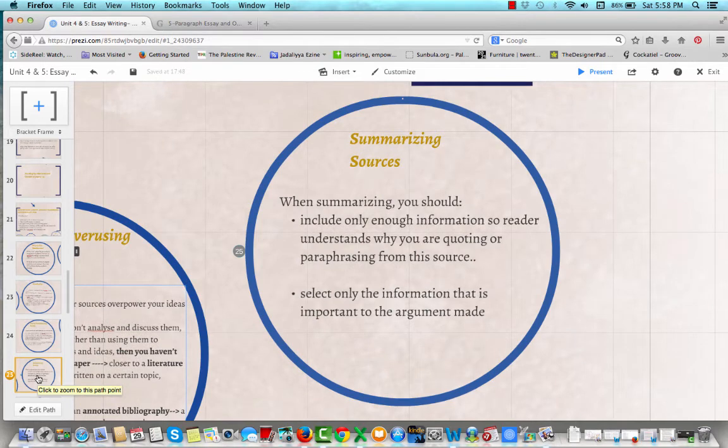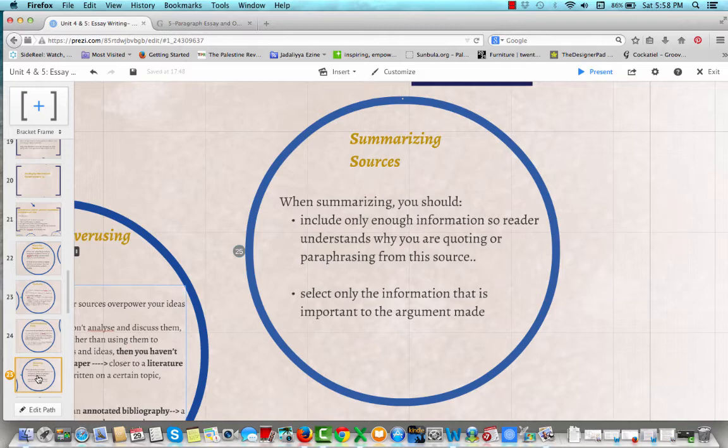Alright, guys. When you summarize sources, you should include only enough so that the reader understands what you are quoting or paraphrasing. So this goes back to overusing sources. You should know as a writer how much is too much.